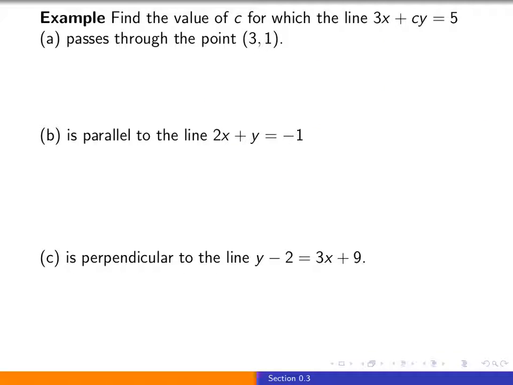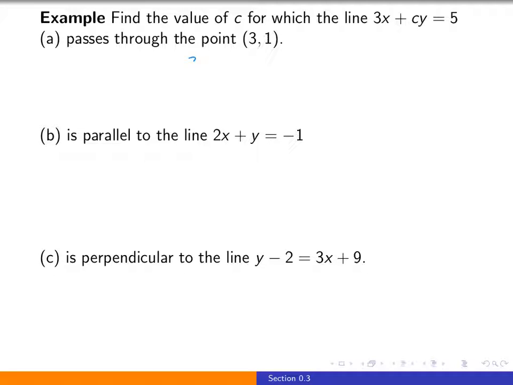Now, one last example dealing with lines. So for the line given by equation 3x plus cy equals 5, can we find the value of c which makes various different things true here? So the first thing we want to know is, for what value of c does the line pass through the point (3, 1)? That is, when we plug in 3 for the x value and 1 for the y value, we want that equation of the line to be satisfied.